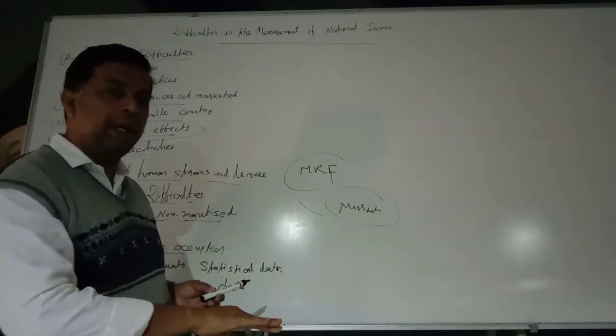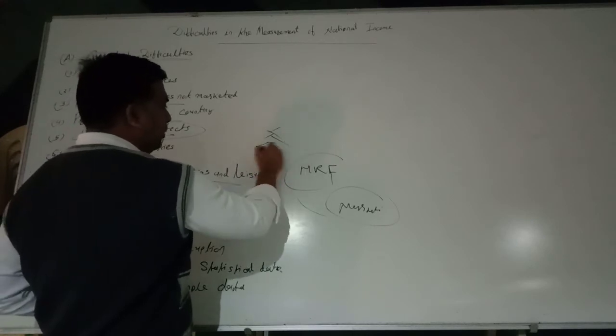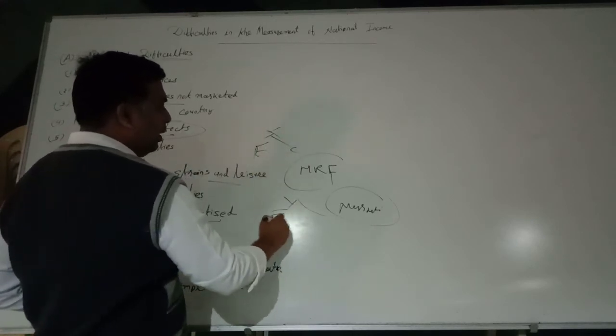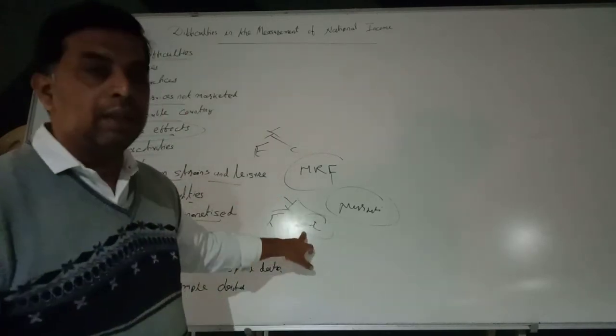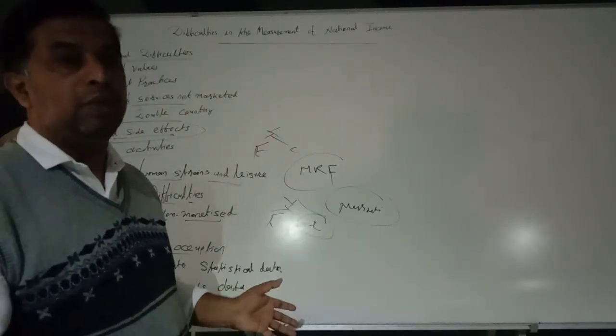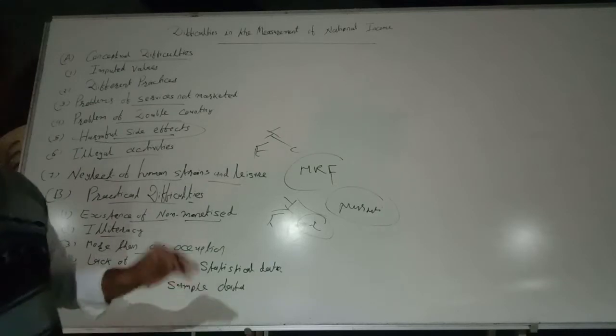Suppose person X is a farmer as well as a carpenter. Person Y is a farmer as well as engaged in industrial activities as a labor. वो labor के तौर पर भी काम करता है. So when persons are engaged in different occupations, it is difficult to get data.